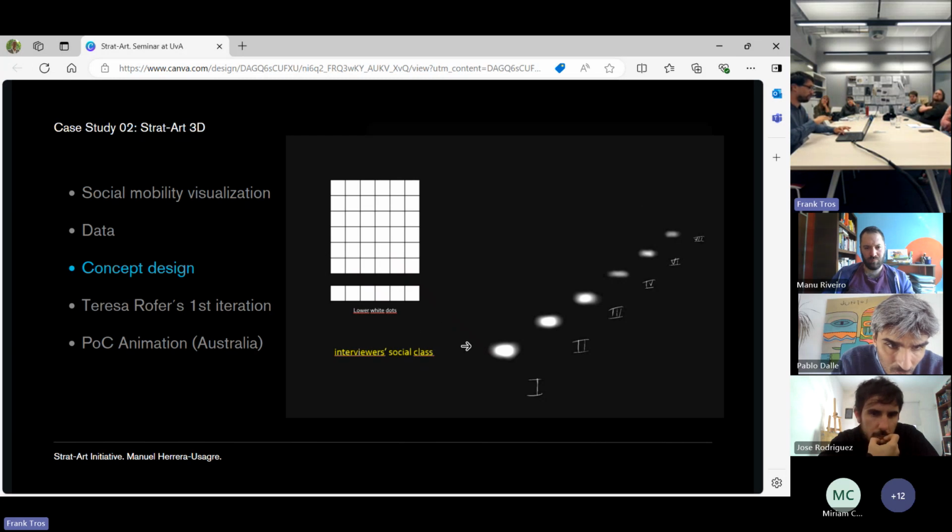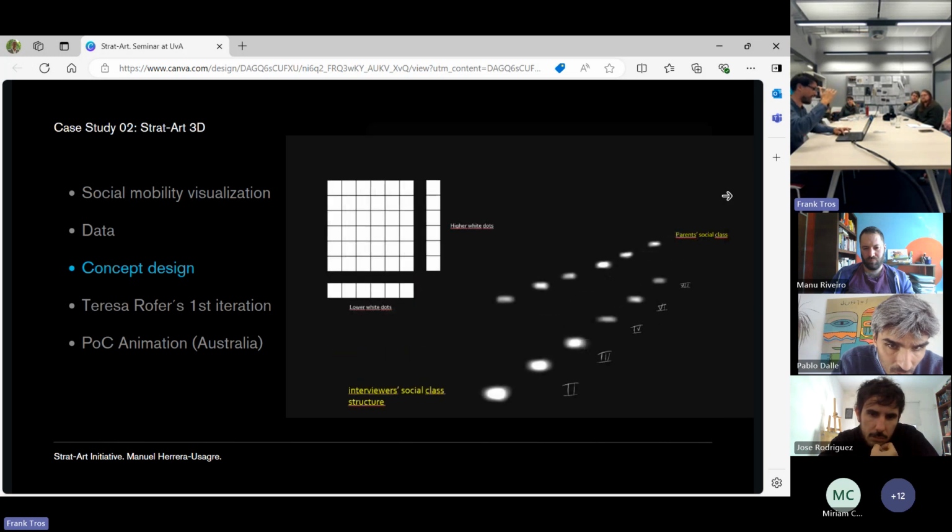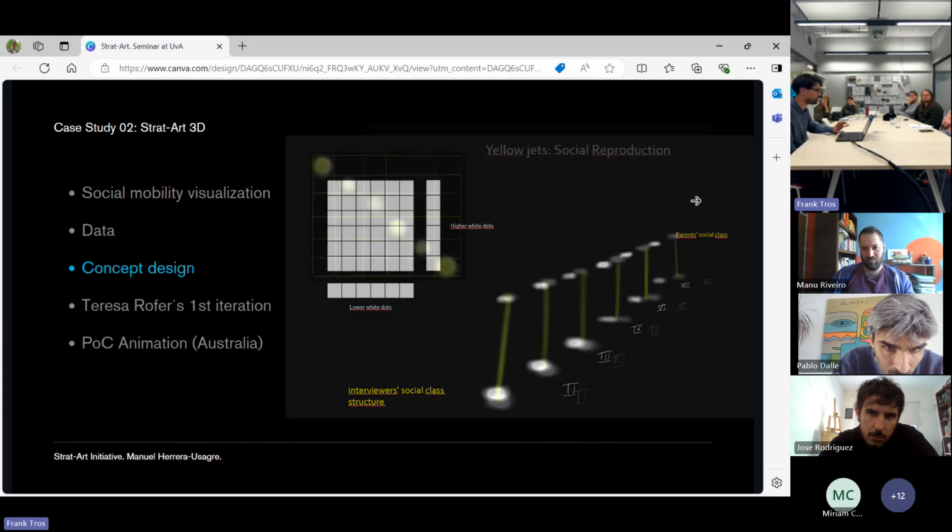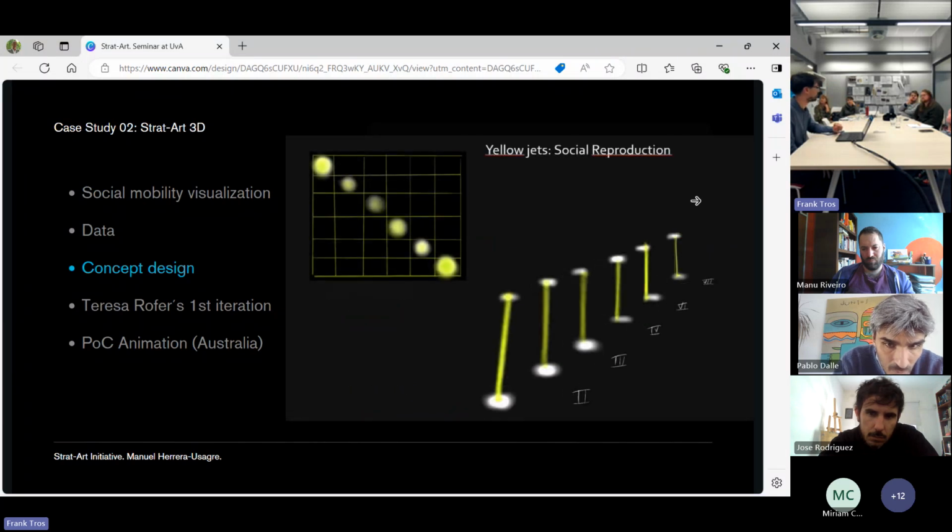We can create those dots that correspond to the size of each social class, which are the lower white dots. Then we add another layer, which is the parents' social class. And this is where it gets interesting. How would I represent social reproduction, which is the diagonal? Well, I'm going to start representing the diagonal, which is one of the most important information points on social mobility.